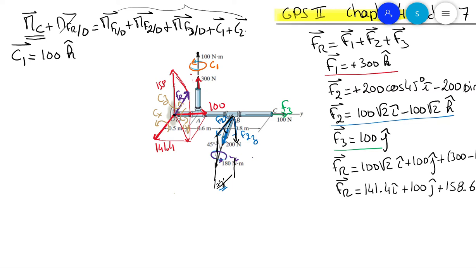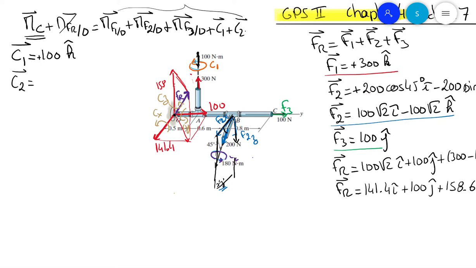By the rule of the right hand, your thumb is the black axis in the middle, and your hand is rotating in the same direction as C1, so it's plus.